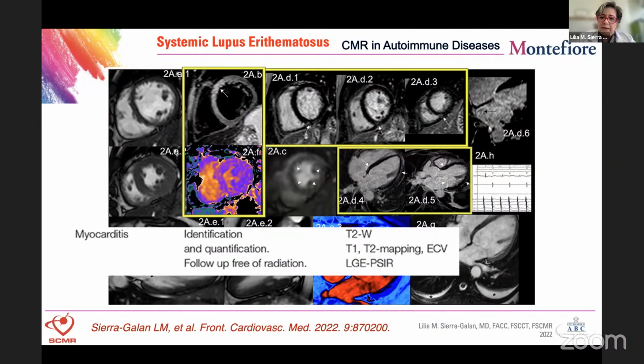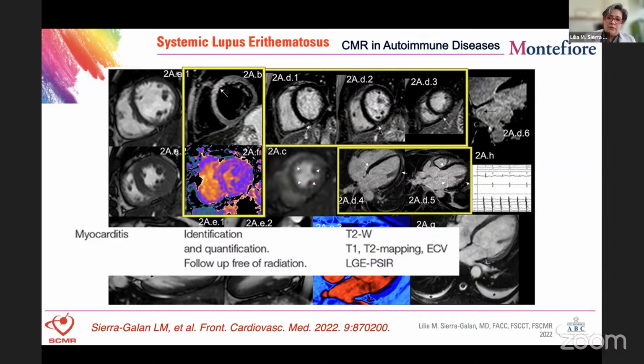So for myocarditis, we are going to see the traditional findings, such as in the T2 STIR weighted image, we are going to see the increased signal intensity, or in the T2 mapping, we are going to find an increase in this signal as well.